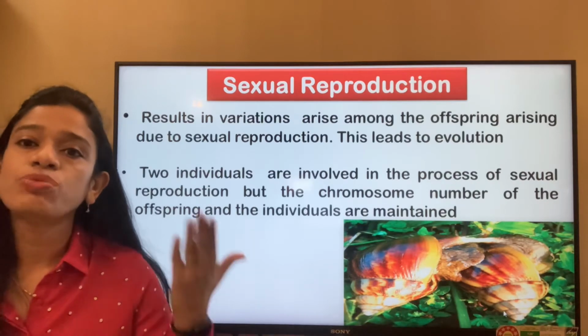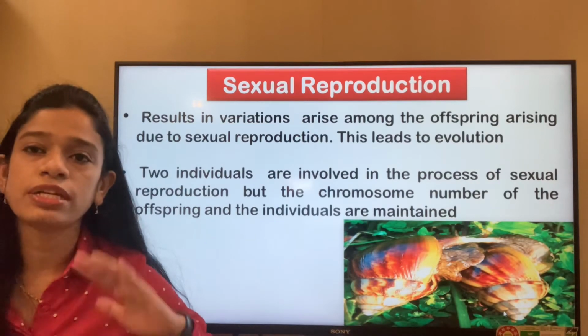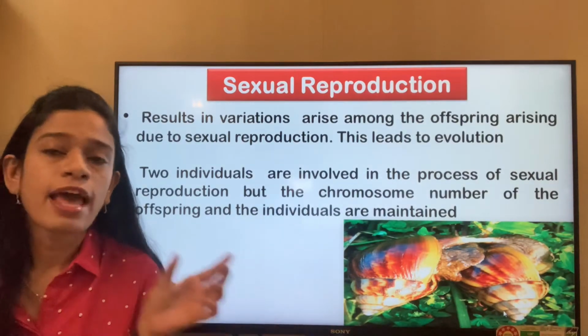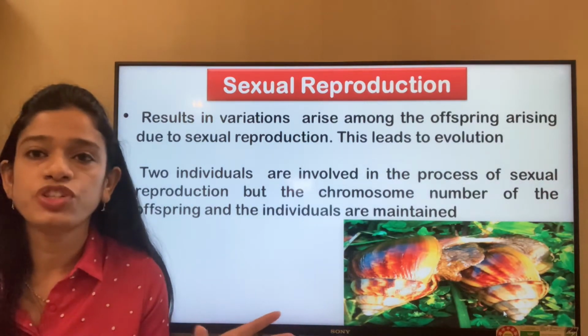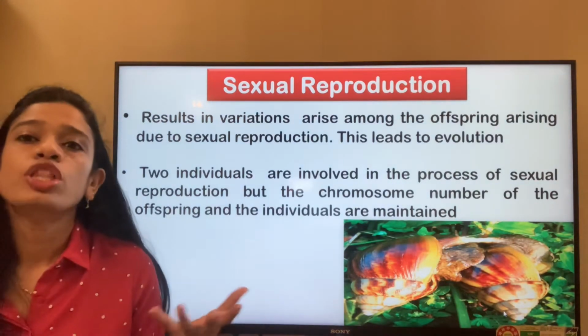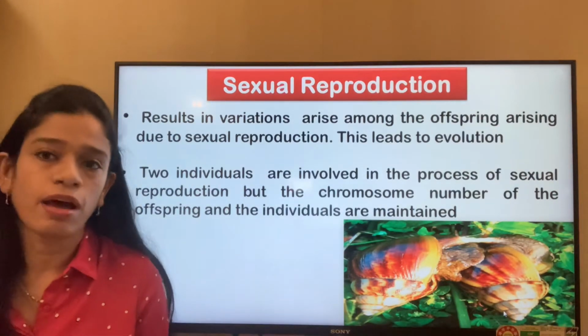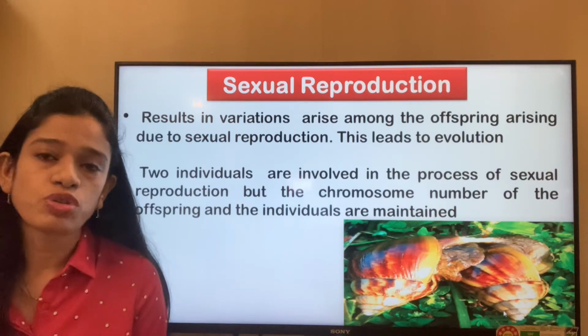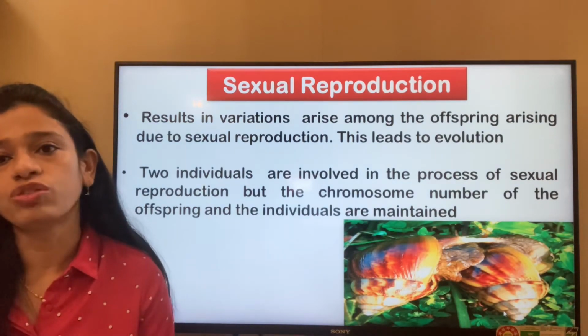So nature, to maintain everything constant, uses a special type of cell division called meiosis, and this meiosis leads to the formation of cells with half the chromosome number, which then undergo sexual reproduction.